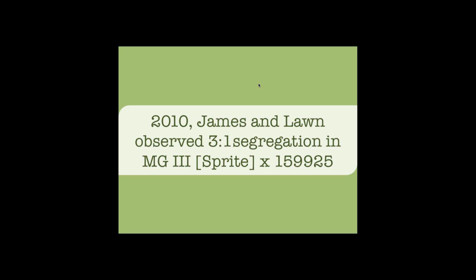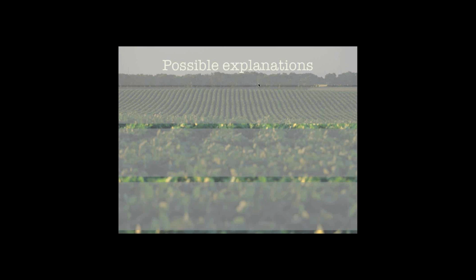And then in 2011, Alroy Kober observed that same segregation ratio again in maturity group 0, the Harosoy isoline, with Pranagoyana as the long juvenile donor. However, when James and Lawn released their Melrose variety in 2010, they observed a 3-to-1 segregation, using maturity group 3 Sprite and using PI 159925 as the long juvenile donor.